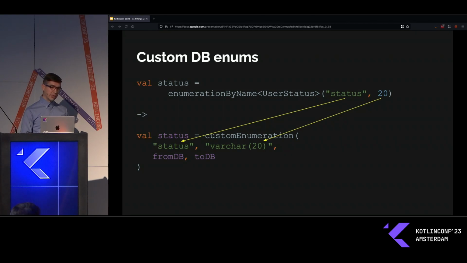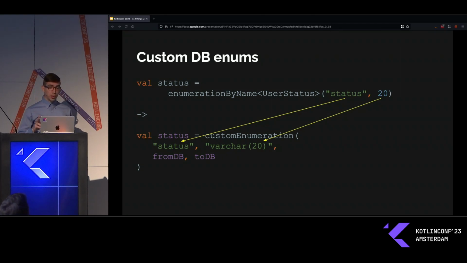Then the second parameter is its full database definition. Because with custom enums, there's no guarantee this column will be a varchar anymore. So you need to provide the full definition as it's defined in a database. It can be any column, anything your database supports, really.